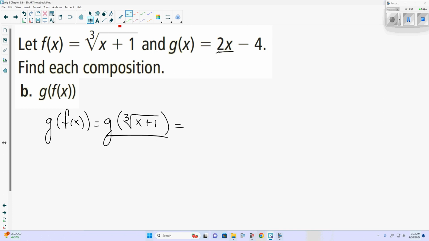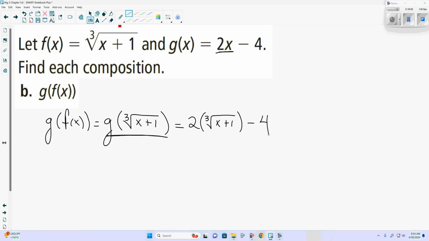The 2 is still there because I'm not replacing the 2, we're replacing the x. So instead of x, we have parentheses, cubed root of x plus 1, close parentheses, minus 4. Because all we're doing is replacing each x. So far, each one has only had one x, but if it had multiple, we would replace each x with the same thing.